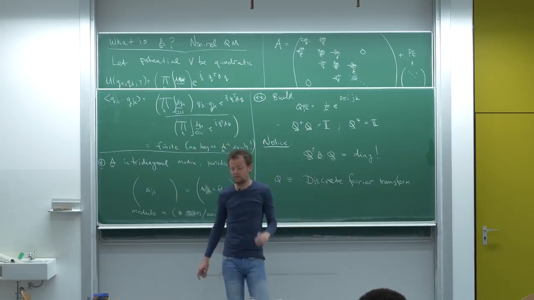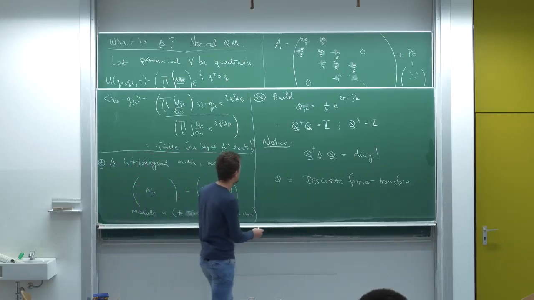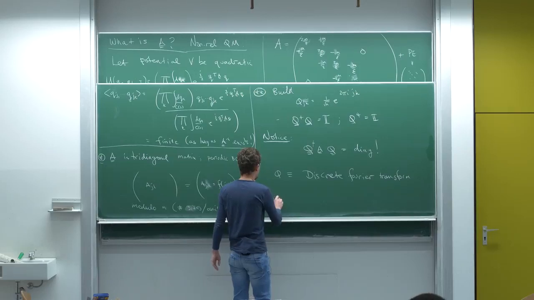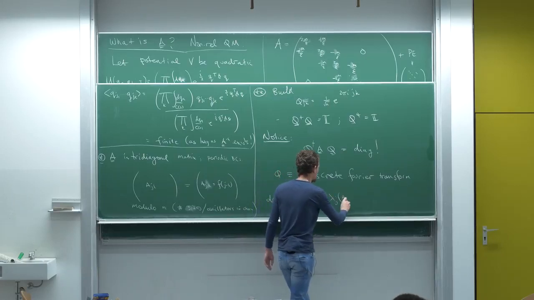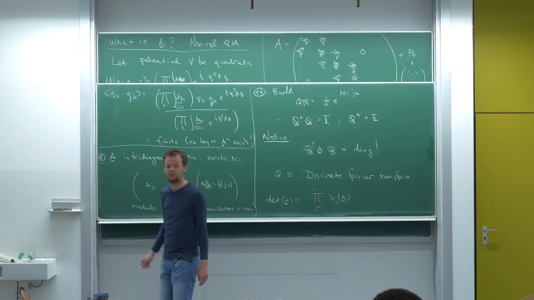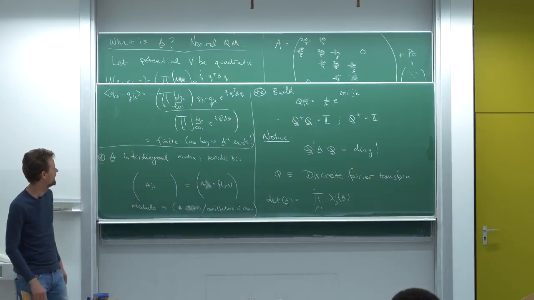And once you know the eigenvalues, you definitely know the determinant as well. The determinant's the product of the eigenvalues. This is something that will come in handy quite a lot later on.